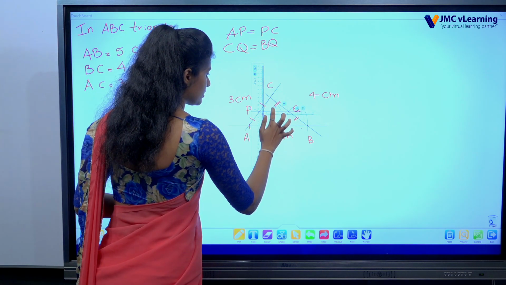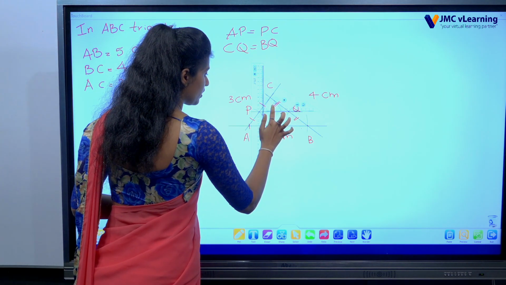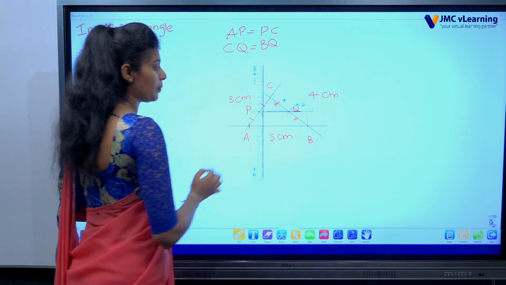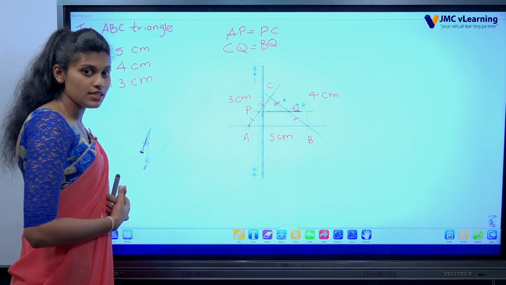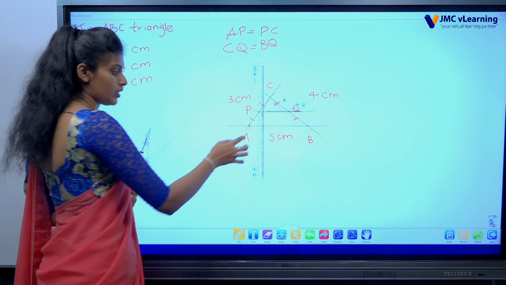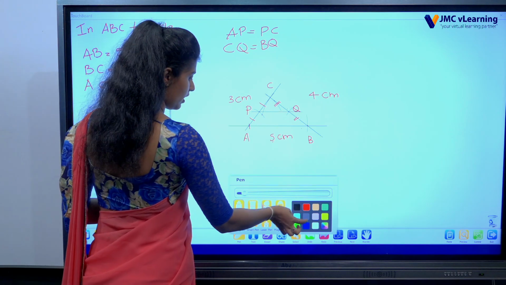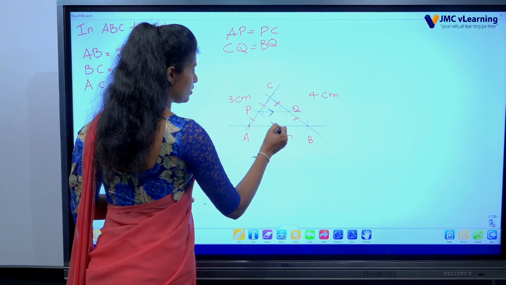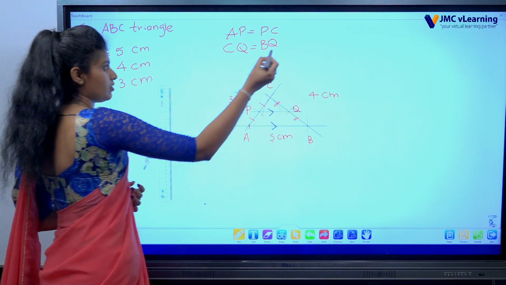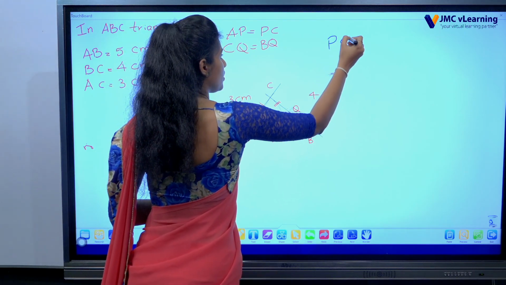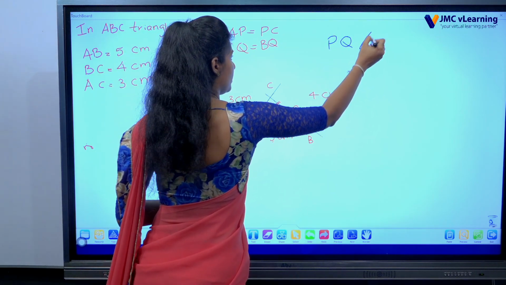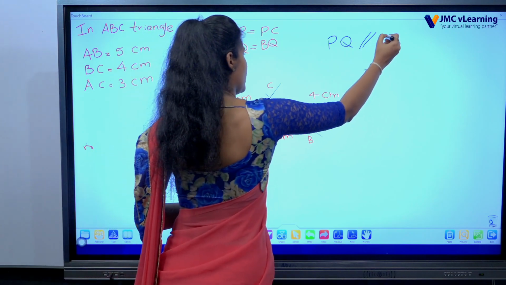I am moving that set square on the ruler. Now this PQ line also on the set square line. So that means this PQ and AB lines are parallel to each other. Then we can write PQ parallel AB.